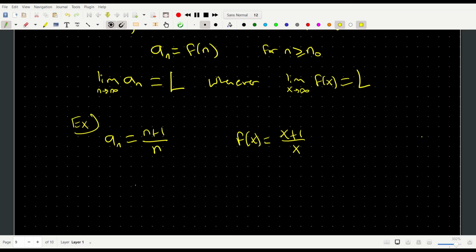So what this is saying is that as long as the limit as x goes to infinity of (x+1)/x exists, which it sure enough does, right? If you use L'Hopital's rule here, you'll get that this limit is equal to 1. The limit of the corresponding sequence related to this function, (n+1)/n, also has the same limit.